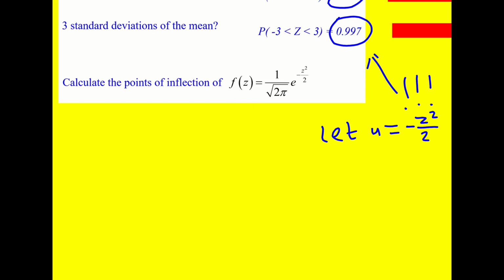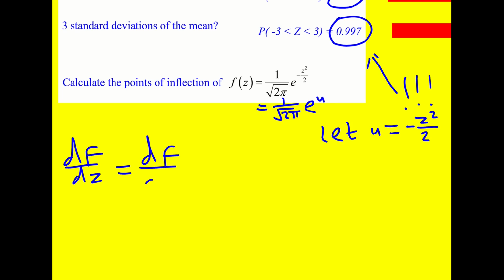I'm just going to say that it equals 1 over root 2 pi e to the u. So if I want to find out what df by dz is, I can do df by du times du by dz. Chain rule.